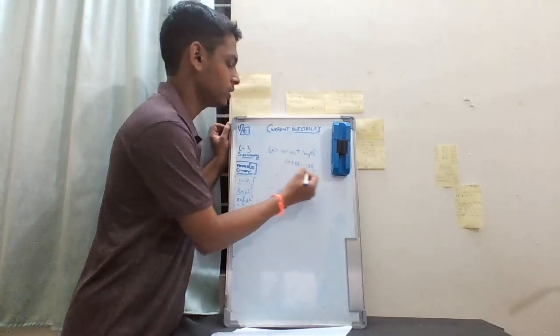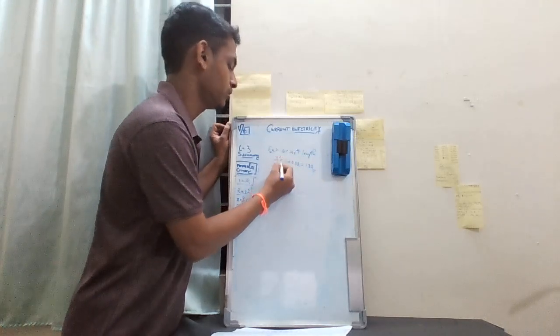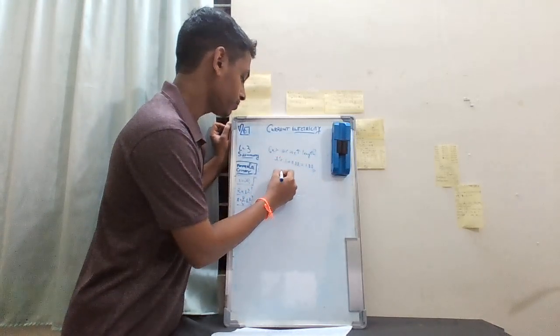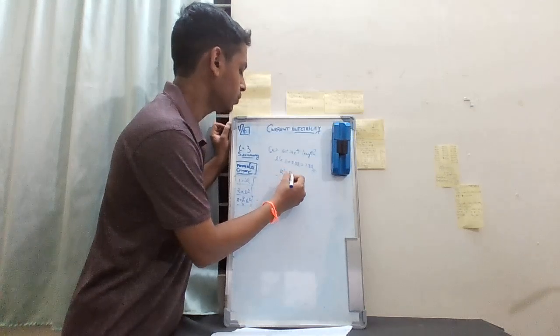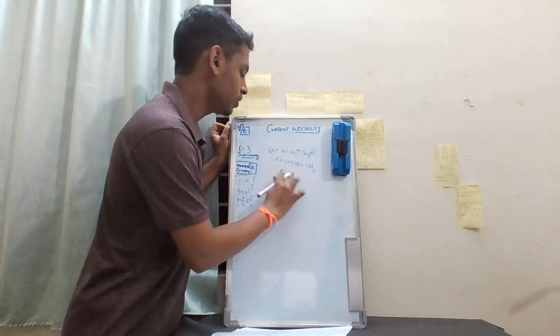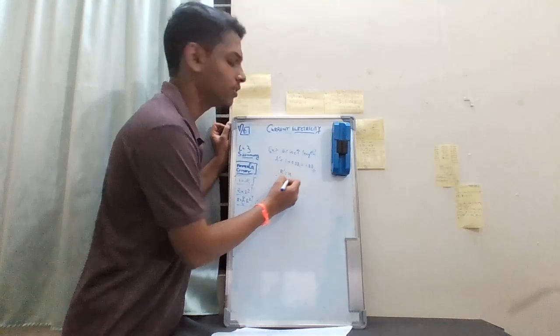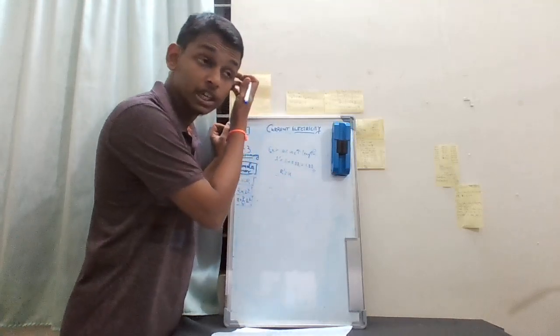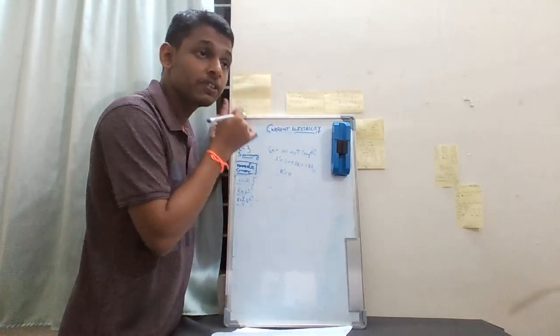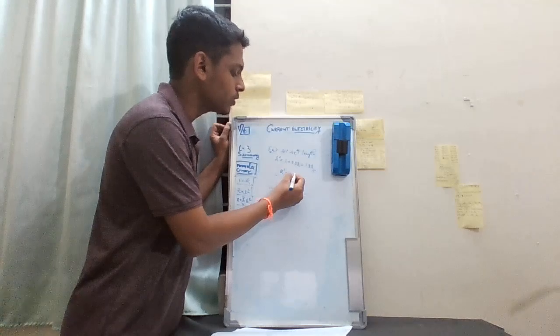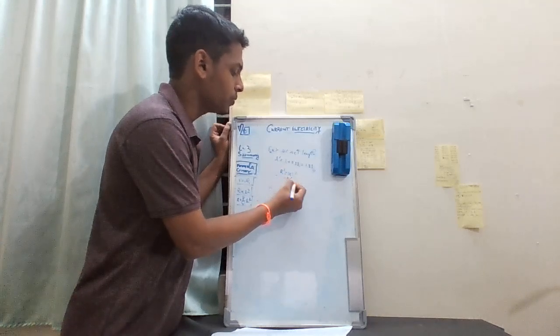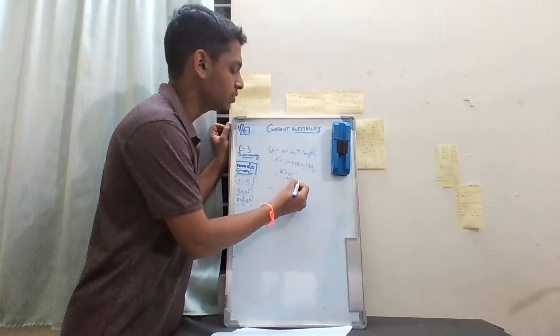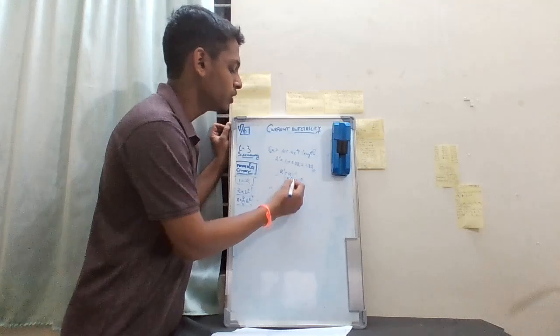So this is the latest one, L dash. R dash would be rho by V, which is constant, so K into L square. So K into 1.3 L, whole square.